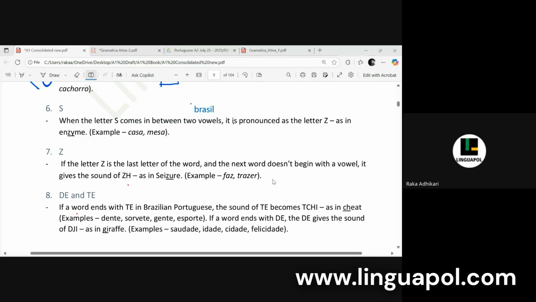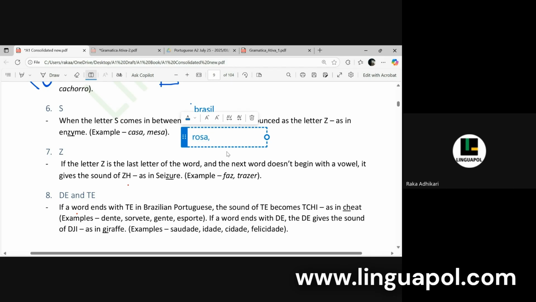Okay. Casa. And the next one is mesa. So you can see that the letter S is in between two vowels, and that's why we are giving it a sound of Z. Let's do some more examples with this. So we also learned the word rosa.